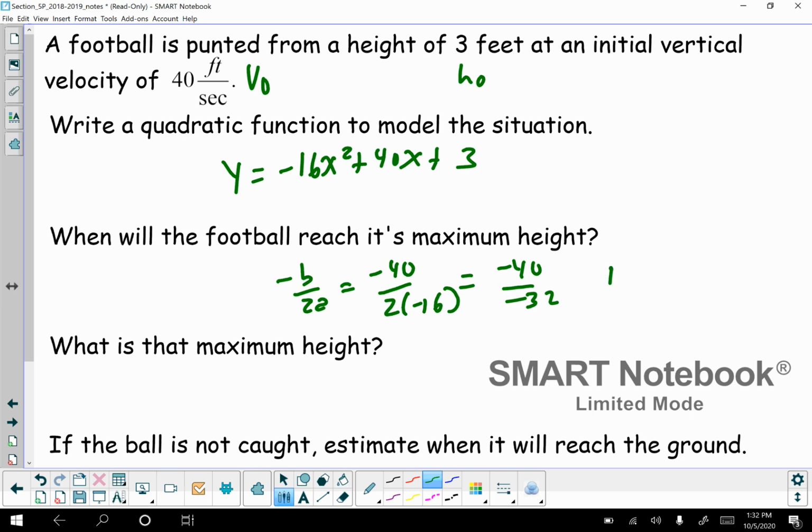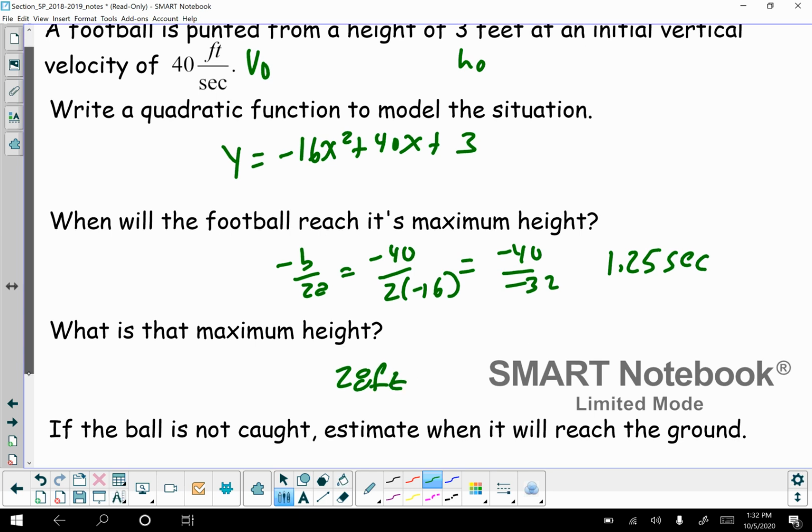So at 1.25 seconds after it's kicked, it's going to be the highest in the air. How do we know when it gets its height? It's going to be our vertex. So it looks like it'll get to 28 feet above the ground at 1.25 seconds.